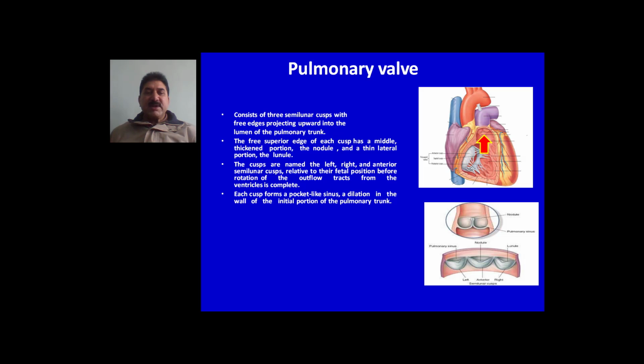Each cusp forms a pocket-like sinus, a dilatation in the wall of the initial portion of the pulmonary trunk. After ventricular contraction, the regurgitation of blood fills these pulmonic sinuses and forces the cusps closed. This prevents blood from refilling the right ventricle.